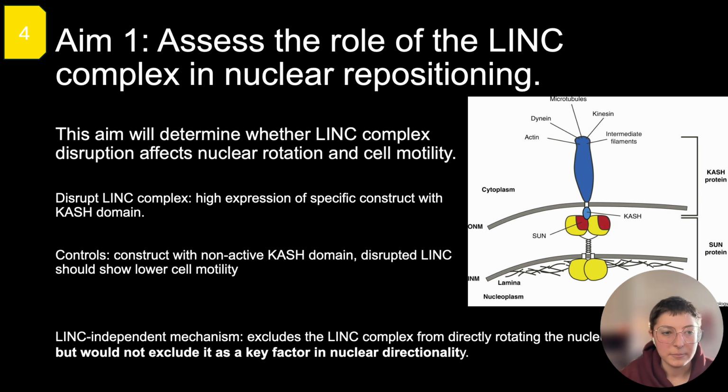Like I mentioned earlier, disruption of the LINC complex has been linked to lower cell motility. And so to verify that we did mess with the LINC complex, we should see that there's lower cell motility in our samples.